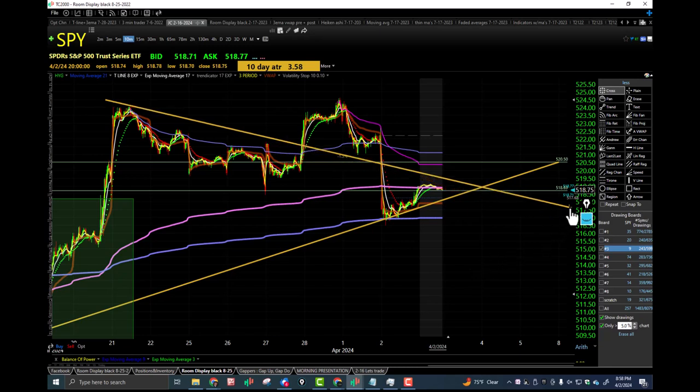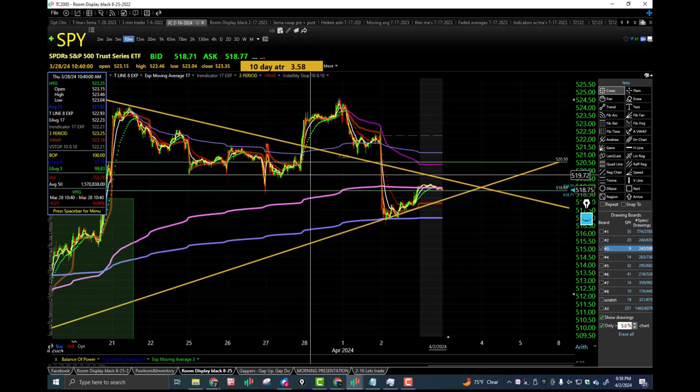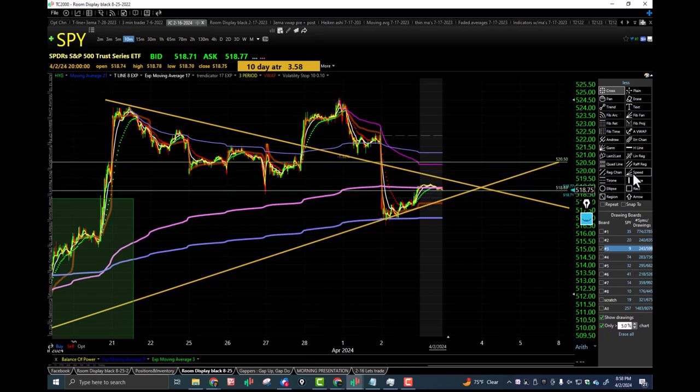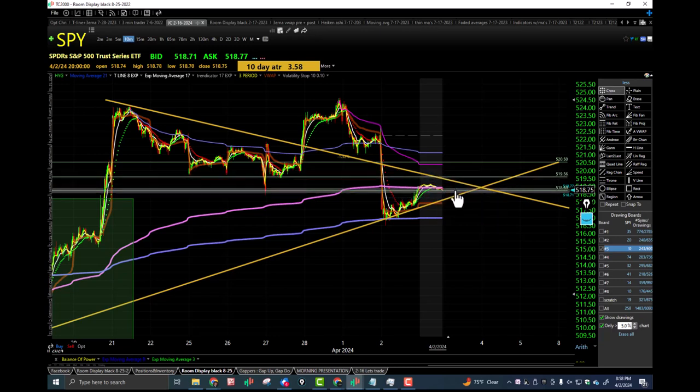And it's possible it comes out to right about there. So it's possible we come up, hit this area right here, that notch, that crook, and then roll over back down to test this uptrend line. We'll see what happens, all right?